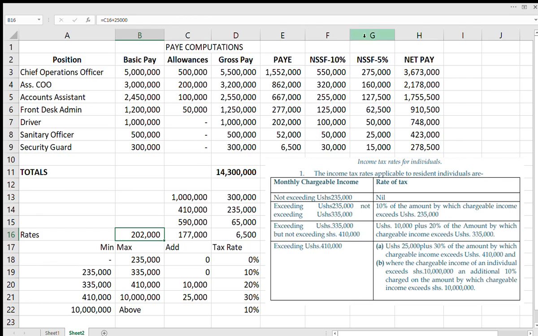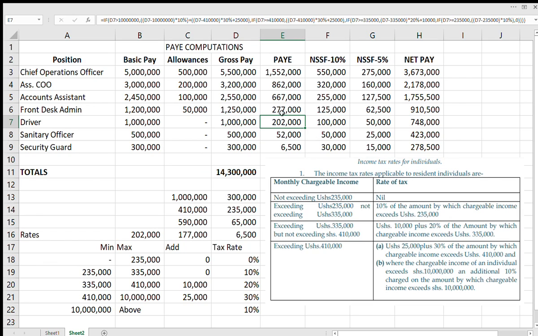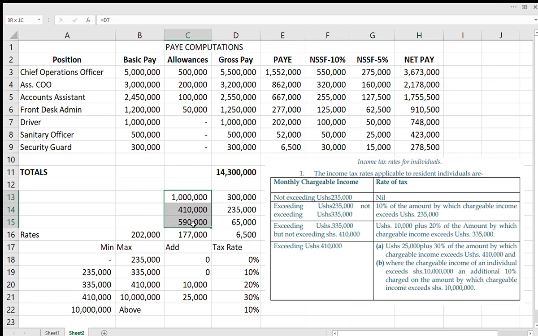So now you can see that this driver is going to pay pay as you earn of 202,000 shillings.